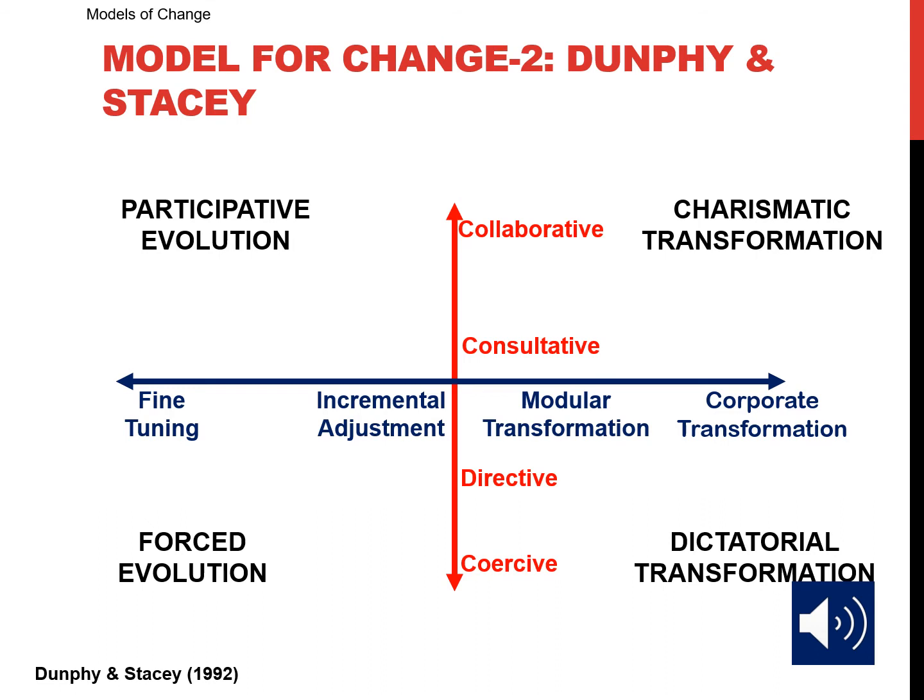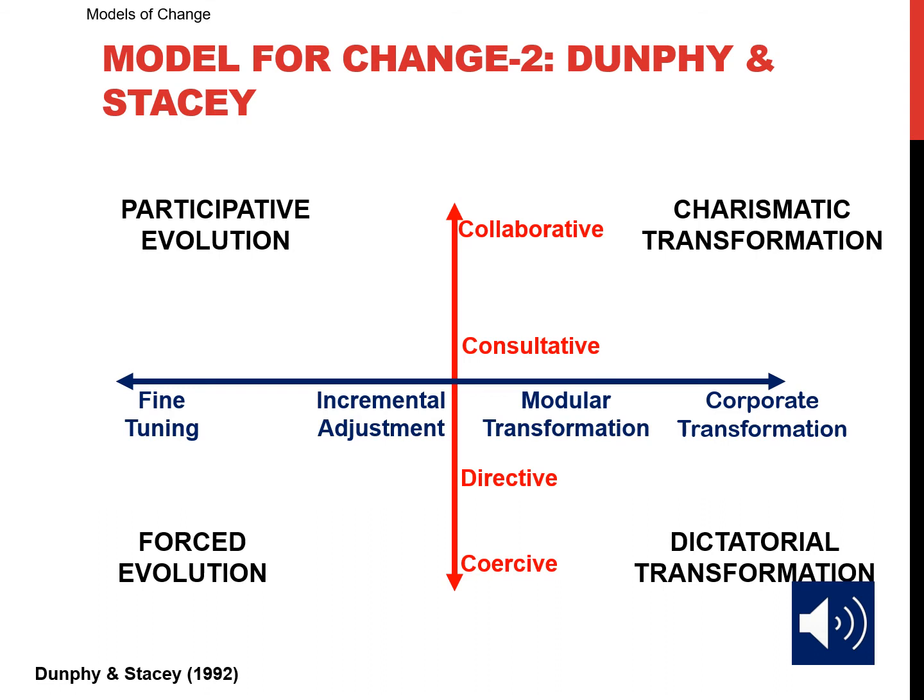In these terms, we need to use a more coercive approach, and this is called a forced evolution approach. We use forced evolution when the organization is in fit, but needs minor adjustments. Or also, we can use this approach when the organization is out of fit, time is available, but key interest groups oppose the change process.